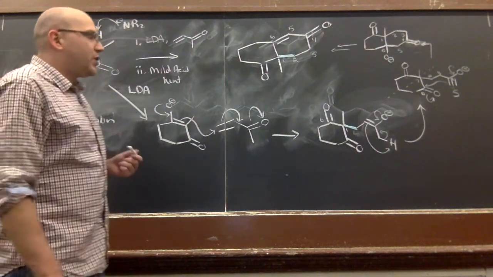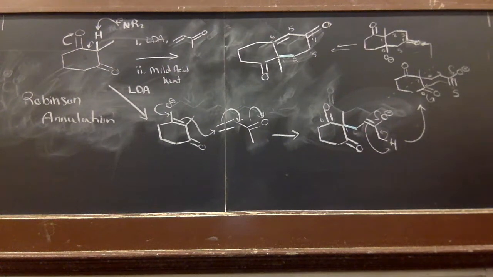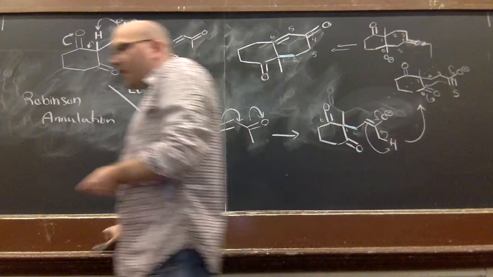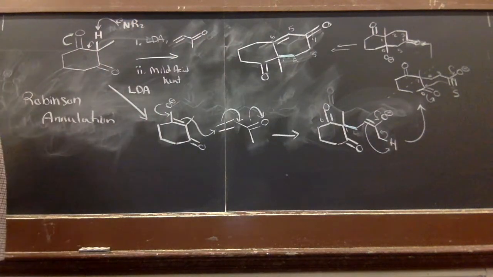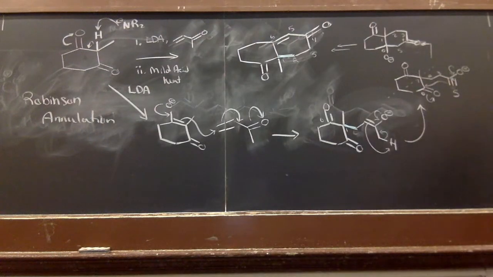The reason why I showed this specific Robinson annulation is that you've noticed you have this 6-6 ring system, and we're not going to get too much to it today, or this semester, but in really a lot of biological settings, let's see if I bring this up.